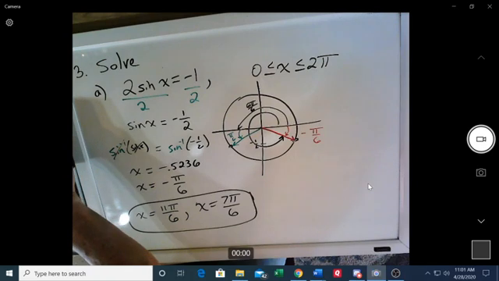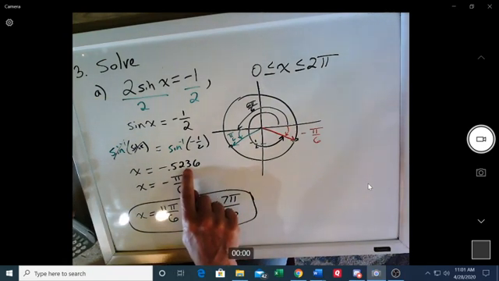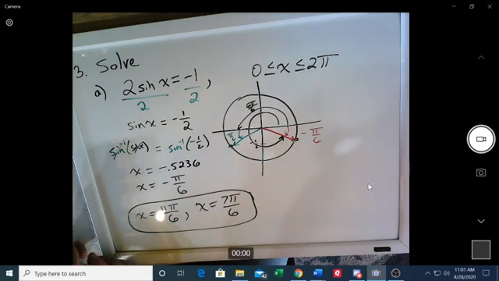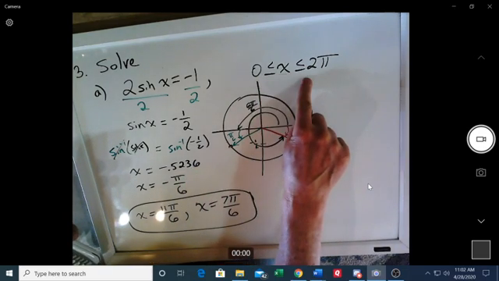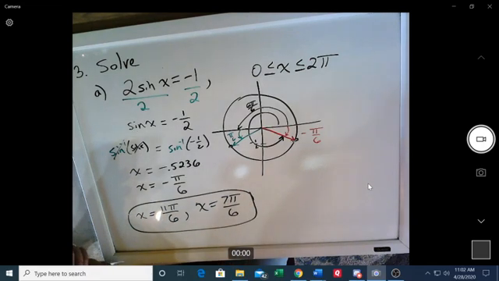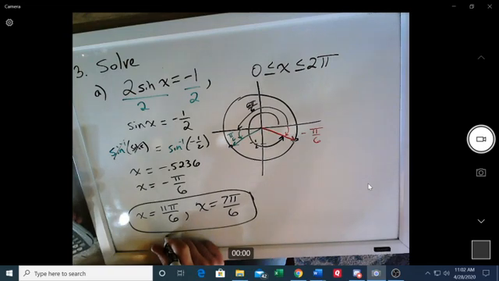Now, I didn't have to give them that way. I could have stuck with this one. That would have been okay, the negative 0.523, except that negative 0.523 is not in between 0 and 2 pi. So I would have added 2 pi to that. So if I'd have done that, I'd have gotten 5.7596, something like this.